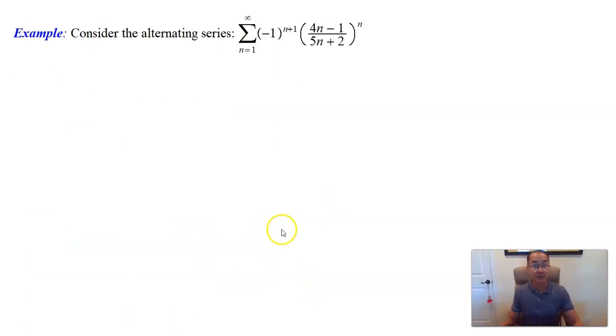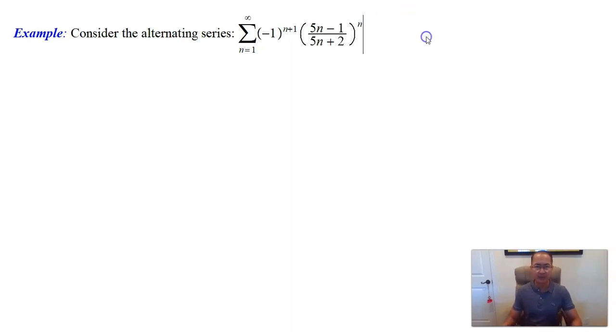All right, you probably noticed from the timestamp that this video is very short compared to the others. It looks like we have the same series here, but of course we're going to change it. We're going to turn that into 5n minus 1 over 5n plus 2. So the limit of the nth root is going to be 1 if we keep it the way it is right now.